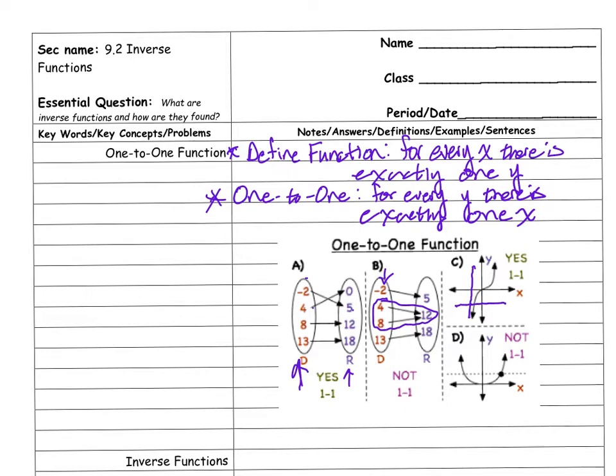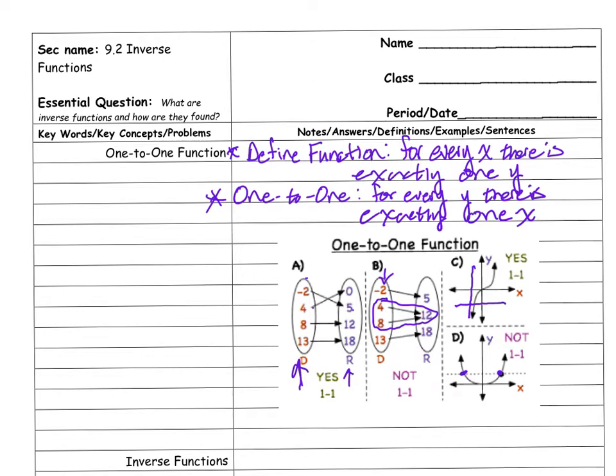Wow, I'm speaking really well today. Horizontal line test. So it has to pass both. It has to pass the vertical line test to be a function, and then it has to pass the horizontal line test to be a one-to-one function. So that's why C works, but D doesn't. Notice right here in my horizontal line, it has 2 x's for that 1 y, so it is not a one-to-one function. It is, however, a function.